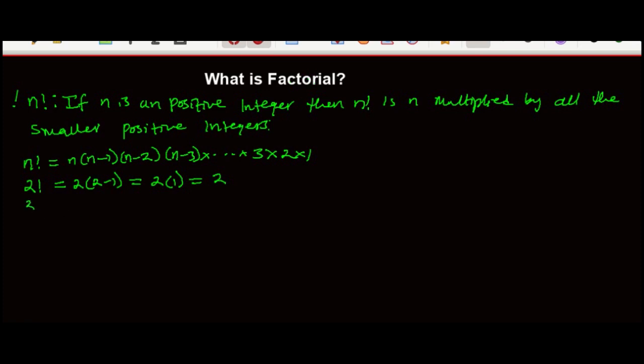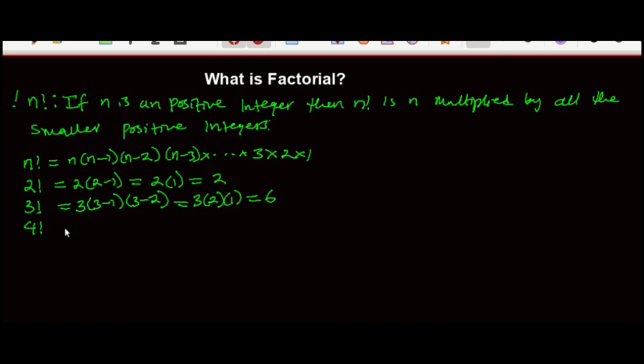In the same case, if you have 3 factorial, you are going to have 3 multiplying 3 minus 1, multiplying 3 minus 2, which is going to be equal to 3 multiplying 2 multiplying 1, which is equal to 6. Now let's look at 4 factorial.